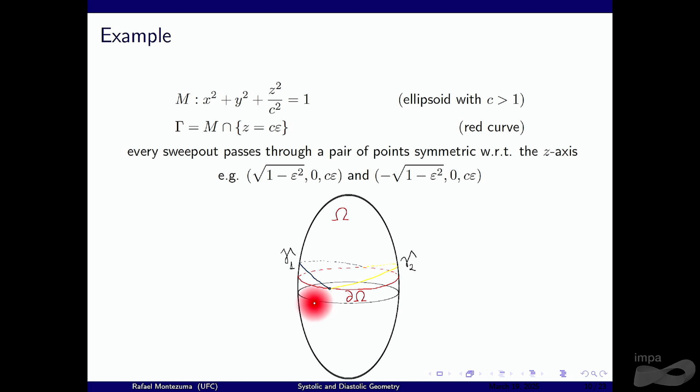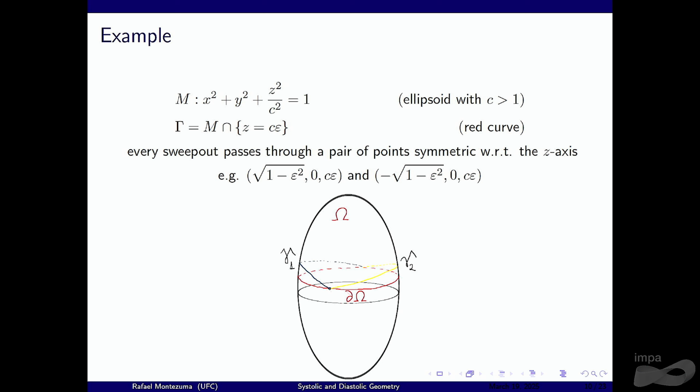You take 2 points here and here, which are symmetric with respect to the z-axis, the axis of revolution. Then there are 2 minimizing geodesics realizing the distance between them, gamma 1 and gamma 2. And this is the same if you pick any other pair in this red curve, any point in this curve, and the symmetric one. So any point is in a pair like this.